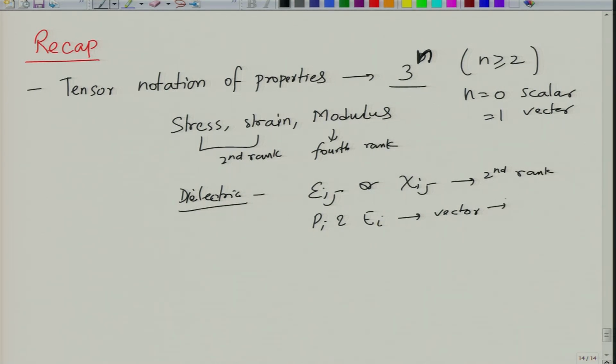In general you will see that the proportionality constant, whether it is susceptibility or dielectric constant or modulus or compliance, will have a rank which is higher than the rank of the stimuli.